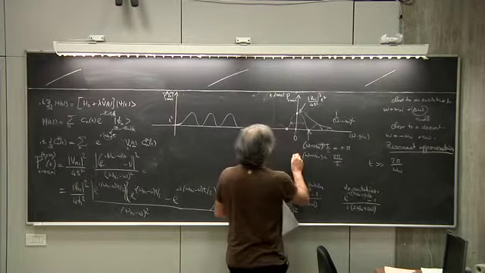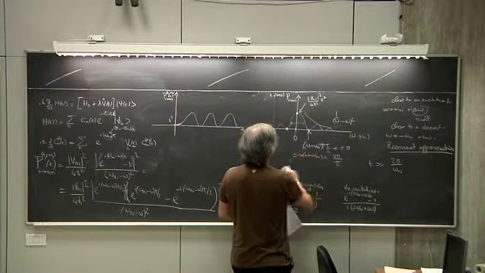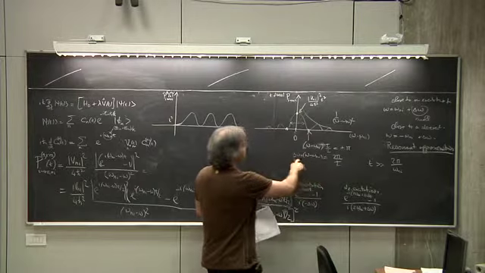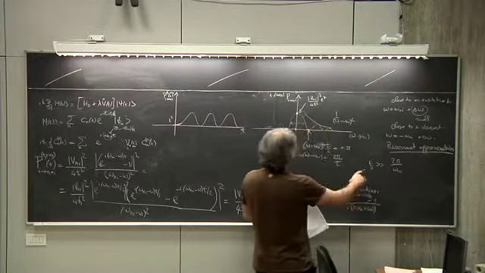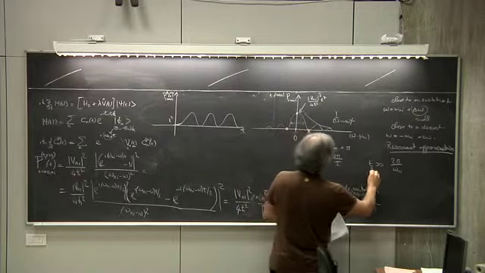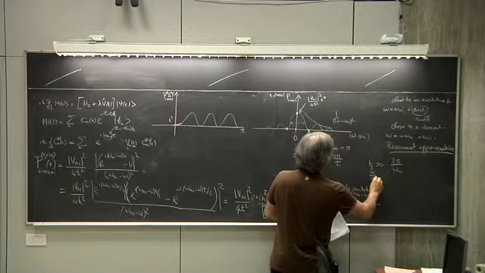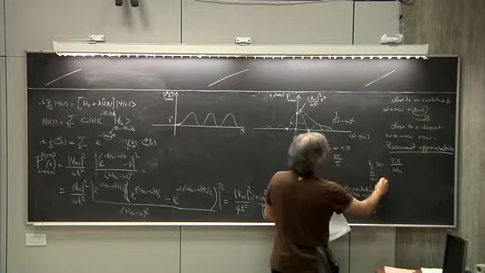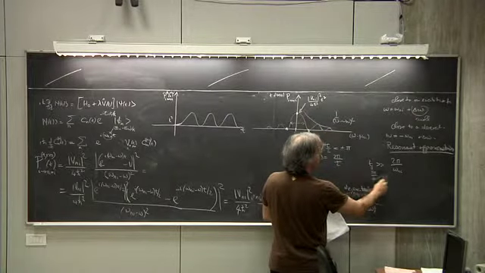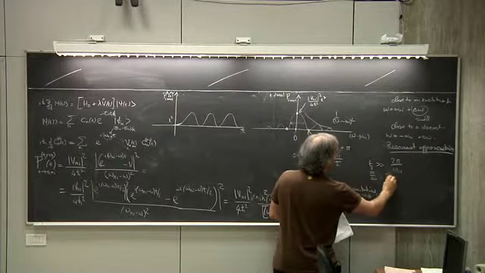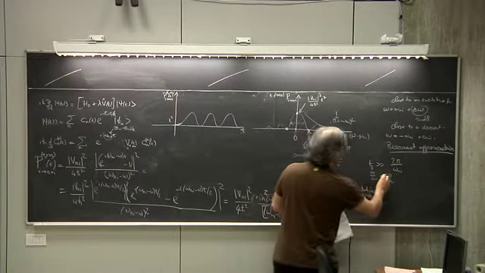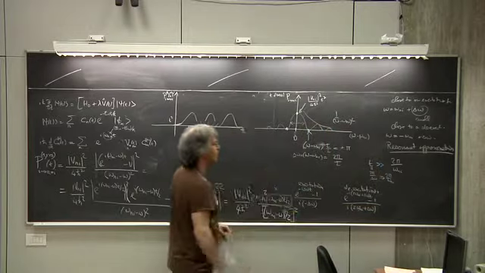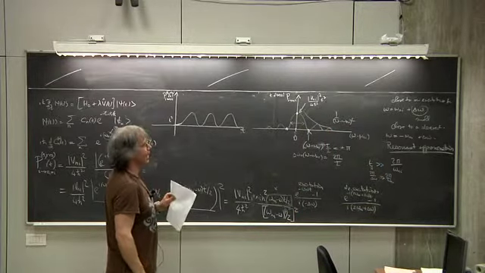Remember, this is the delta omega. Okay? So you want a small delta omega, so t, which is just 2 pi over delta omega. You want this to be small with respect to 2 pi over omega ni. Okay? This is much larger than that. Okay? So this on one hand.